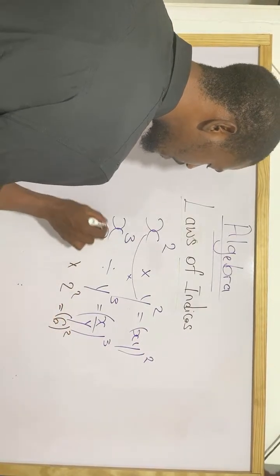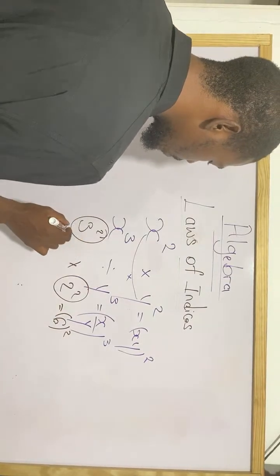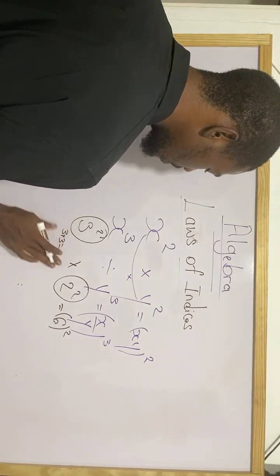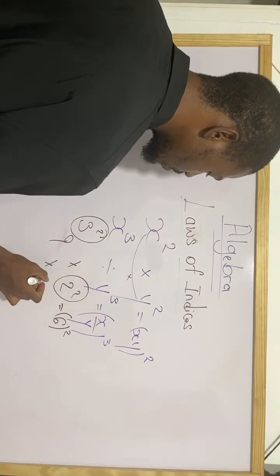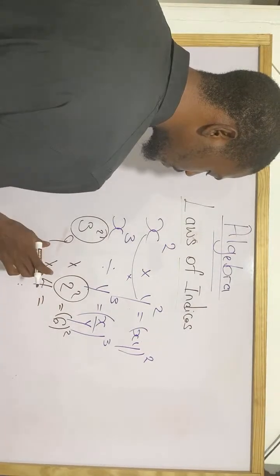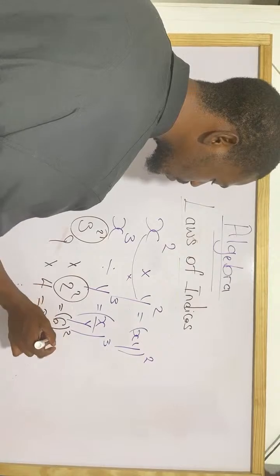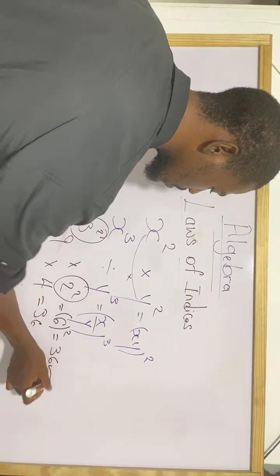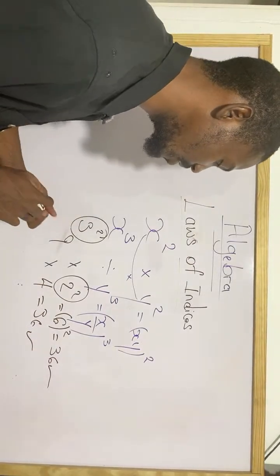So let us evaluate again using the order of operations. 3 squared means 3 multiplied by itself, which equals 9. And 2 squared is going to give us 4. So 9 times 4 gives us 36. If we look at our rule, we also get that 6 squared is 36. So that really works.